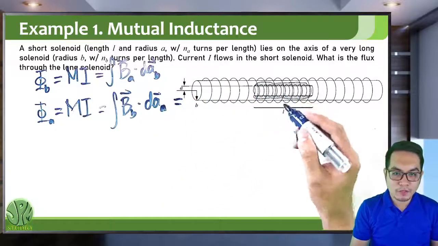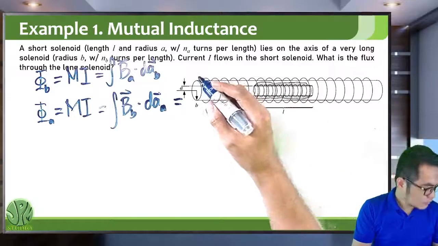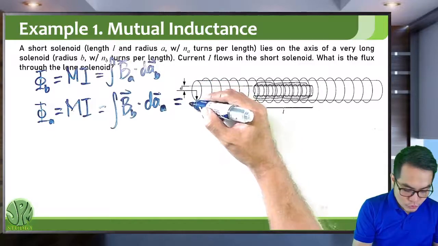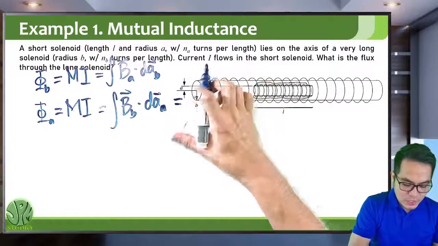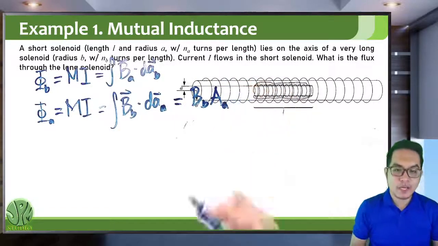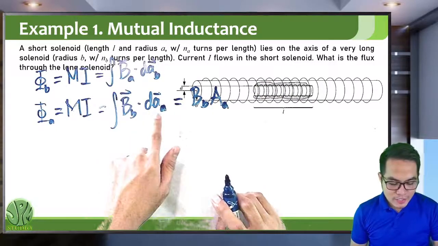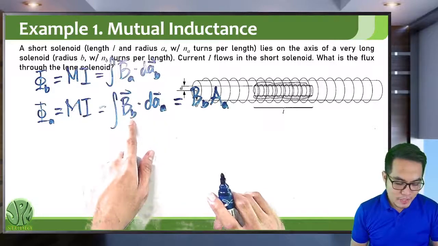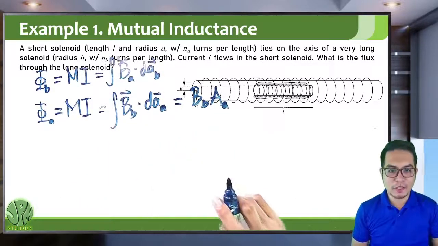We know the magnetic field of a solenoid is mu naught n. So this will reduce to the magnetic field of B times the area of A. We assume that B and dA are in the same direction, and B doesn't depend on the area, so you can take it out of the integral and you will have magnetic field times area.